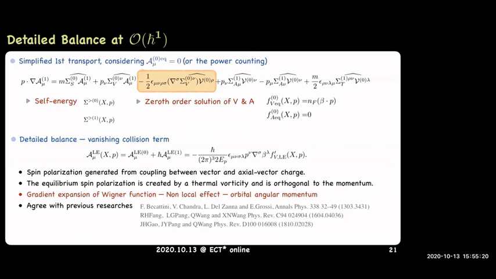Can I make some comments? What you consider is just this contact interaction at the tree level, so you do not actually have this momentum integration at all.